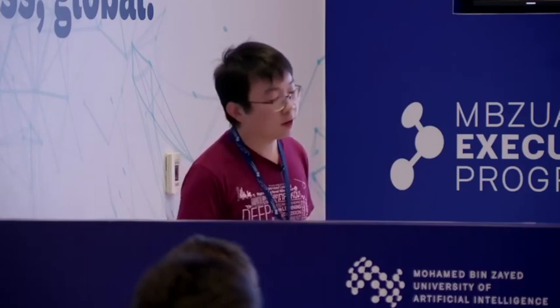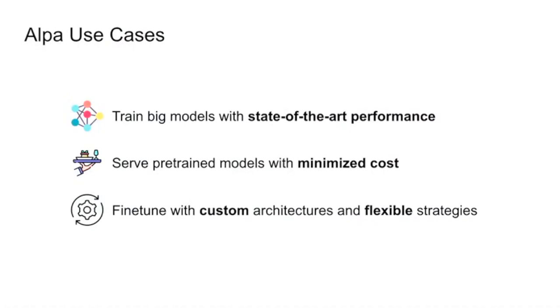But now let's talk about the use cases Alpa can provide. In the current Alpa project, we offer 3 main use cases that are readily available: training, serving, and fine-tuning, but all for big models, which existing systems or solutions cannot handle well because of that difficult problem I just explained. On training, Alpa can train large models like GPT-3 with state-of-the-art performance.